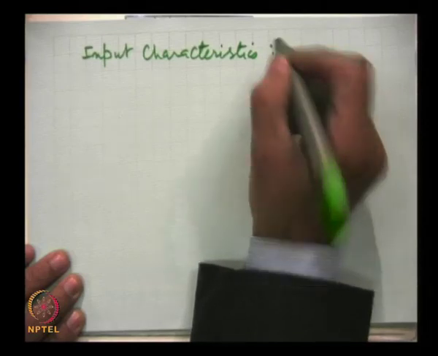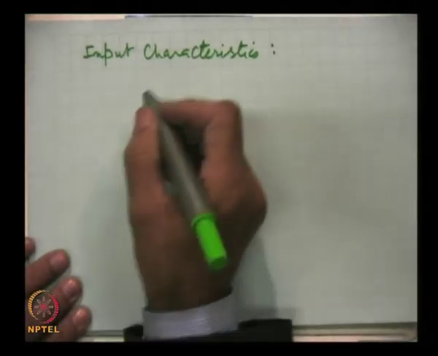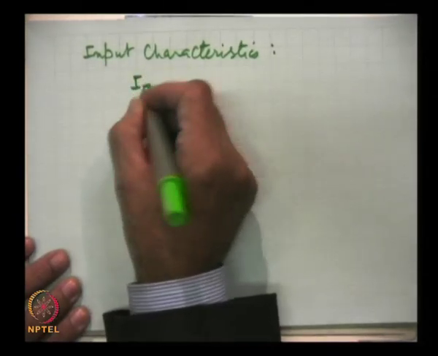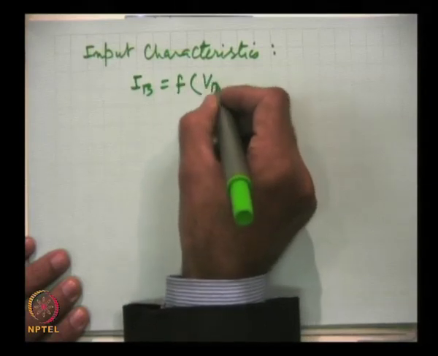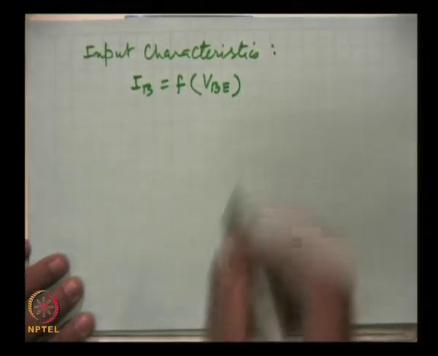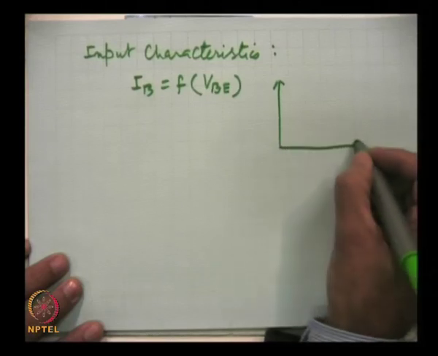Input characteristics. These characteristics are plotted as IB as a function of the input voltage VBE, and we can plot them here.